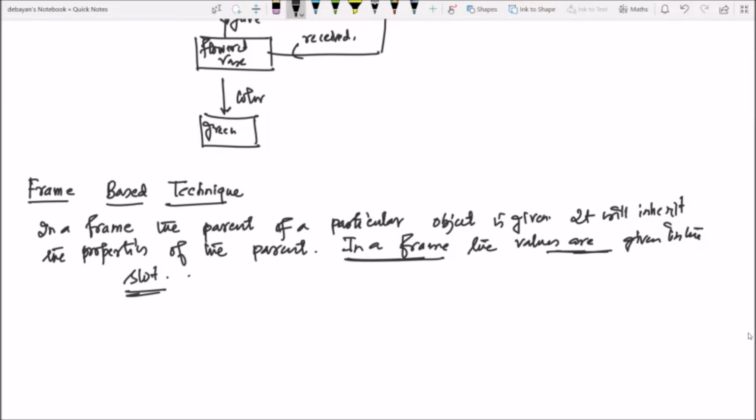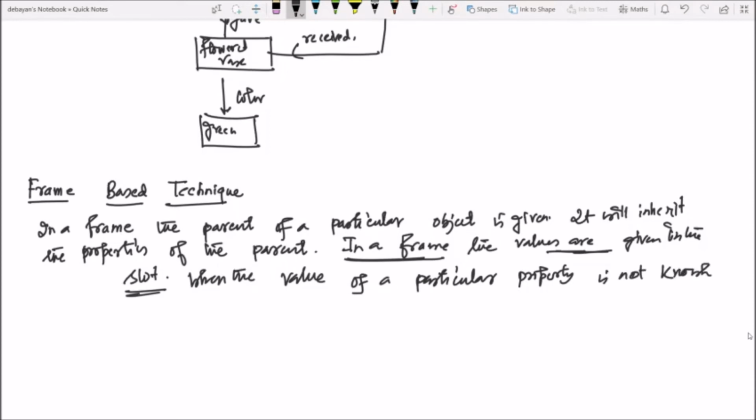So the case is that when the value of a particular property is not known, it will call a procedure. And procedures are of three types.